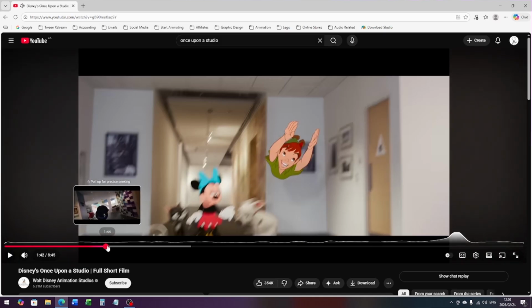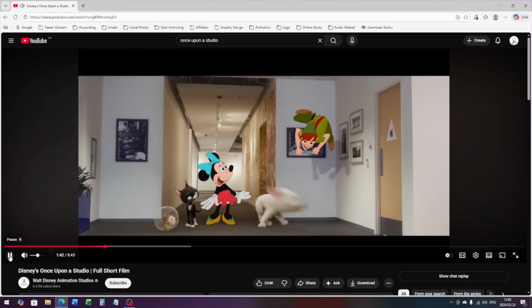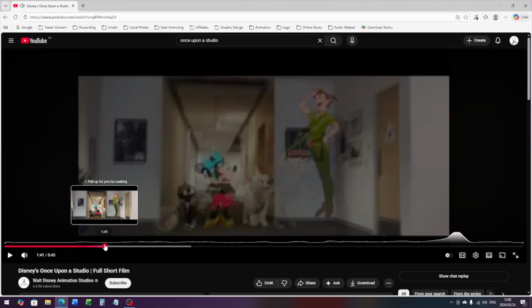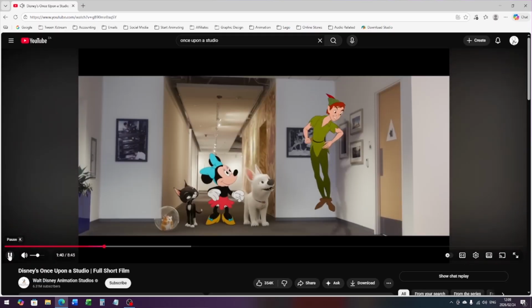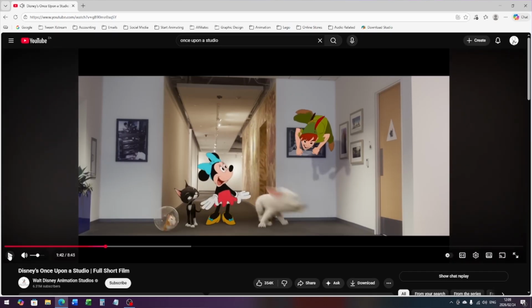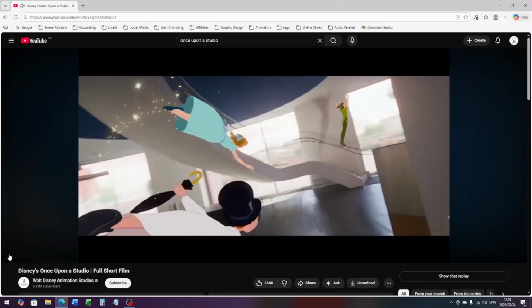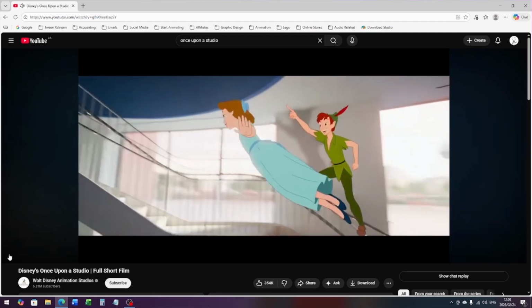And here there is an anticipation pose. As you can see, before he flies. There. Anticipation and he flies. And then again a lot of arcs.